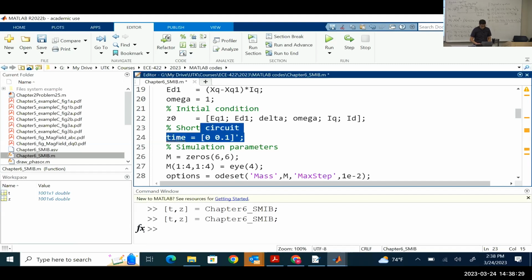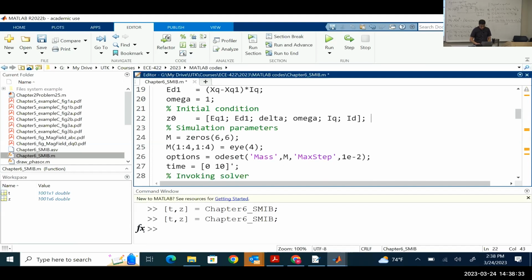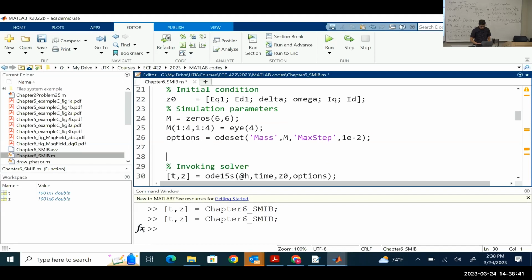These need to be down here after the simulation parameters. And we're going to delete the time. There, the short circuit is a new time.